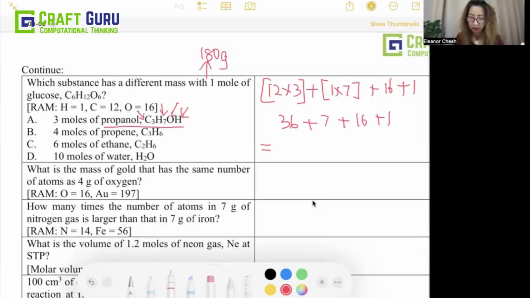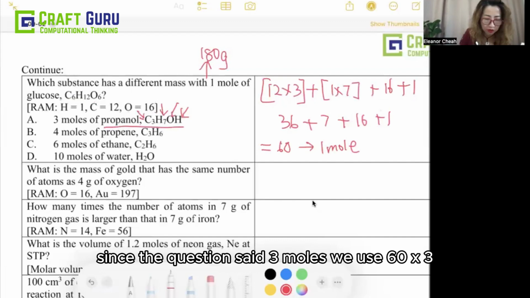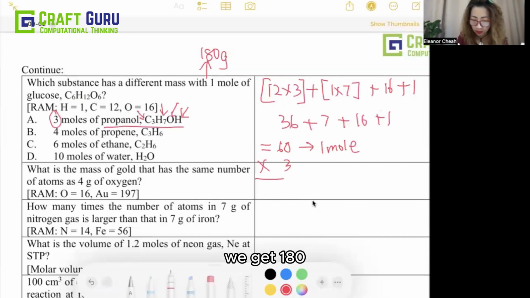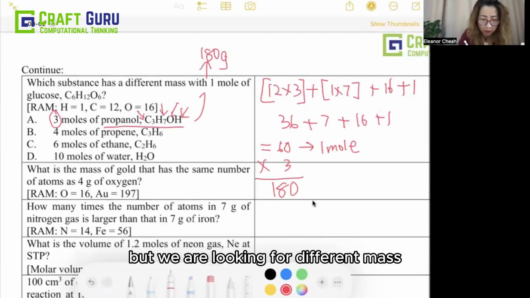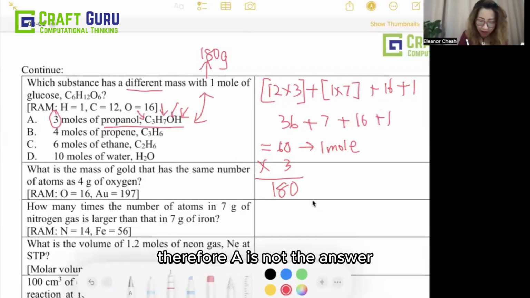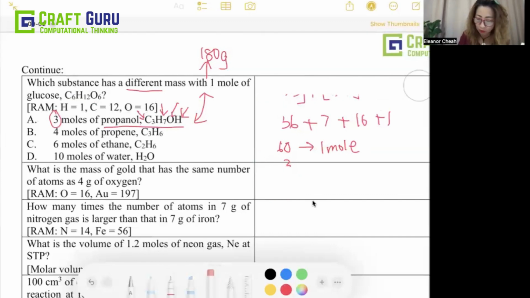We get 60. This is for 1 mole. Since the question says 3 mole, we use 60 times 3, we get 180. So yes, this has the same mass as glucose, but we are looking for a different mass. Therefore, A is not the answer.